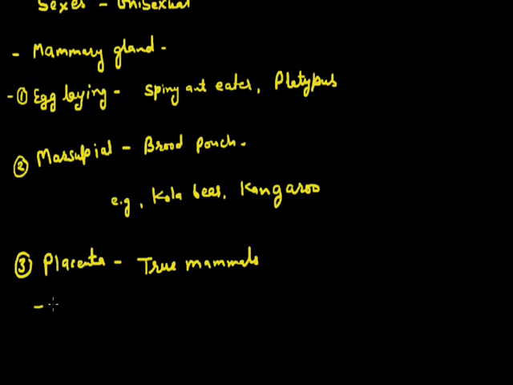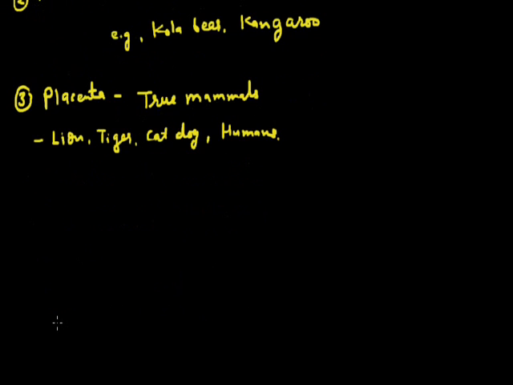All the animals present in our surroundings, such as lion, tiger, cat, dog, cattle and human being also, are classified in this class. These animals give birth to young ones, so we call them viviparous.